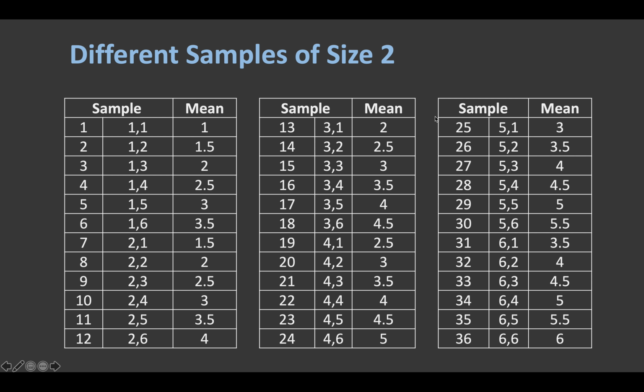The smallest mean is, of course, 1, right? And the biggest mean is, of course, 6. So there are 36 samples we can draw, and then the means can be calculated, right?